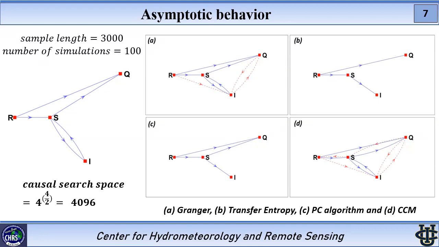I have tried to combine the PC algorithm with the CCM, the convergent cross mapping, to take advantage of the strength of each of the methods. But it's not straightforward. It's difficult because you need a systematic way to do that. But I think that's definitely a possibility because each of them has a strength, and you should take advantage of that, but you need a very systematic way to do it.